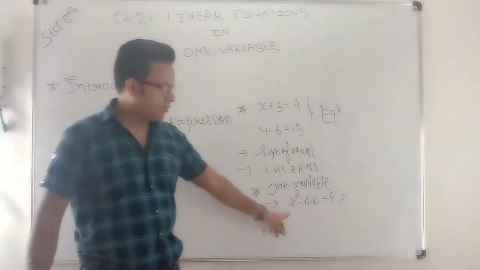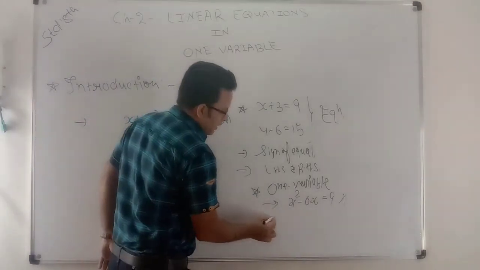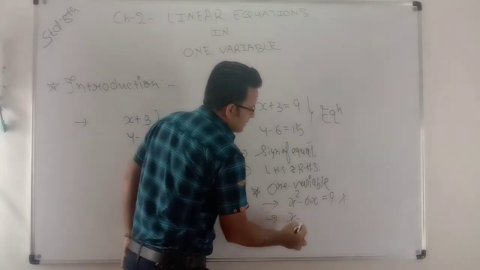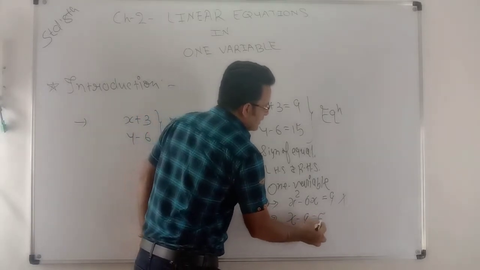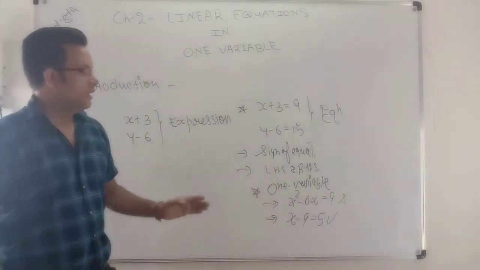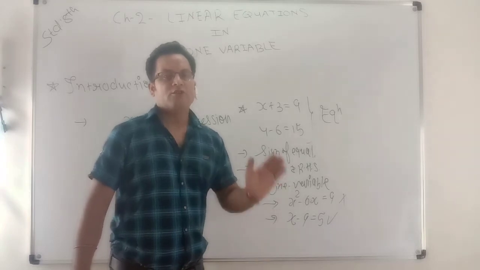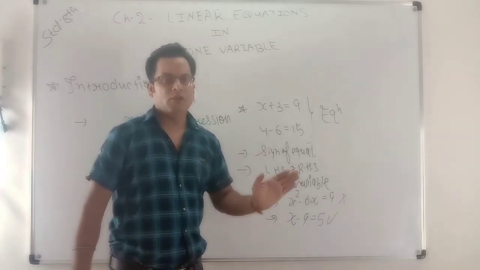Why? Because you can see here the power of x is 2. But if I write x minus 9 is equal to 5, this is called a linear equation in one variable. It means the power of x should not be more than 1.